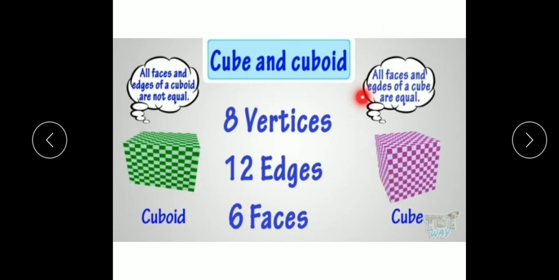All the faces and edges of a cube are equal, but all the faces and edges of a cuboid are not equal. This is your basic difference between a cube and a cuboid. I hope you understand this.